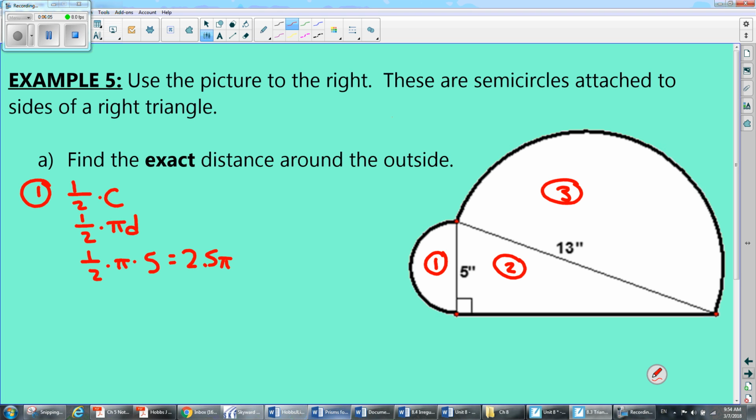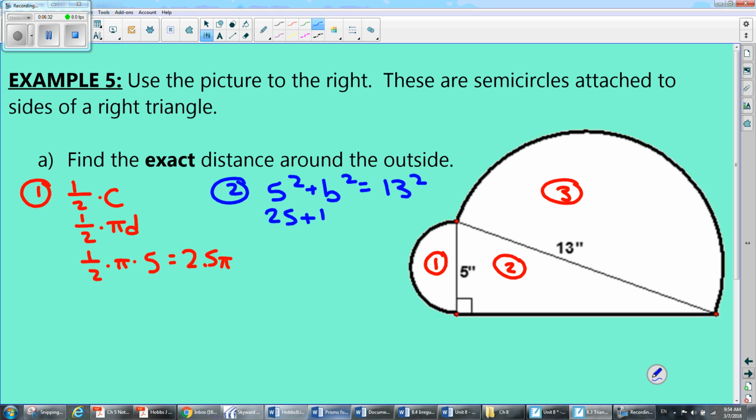All right, so then I can look at the area of shape 2. Sorry, not the area, the perimeter. If one side was 5 and the hypotenuse was 13, I need to use the Pythagorean theorem to figure out this missing side length.